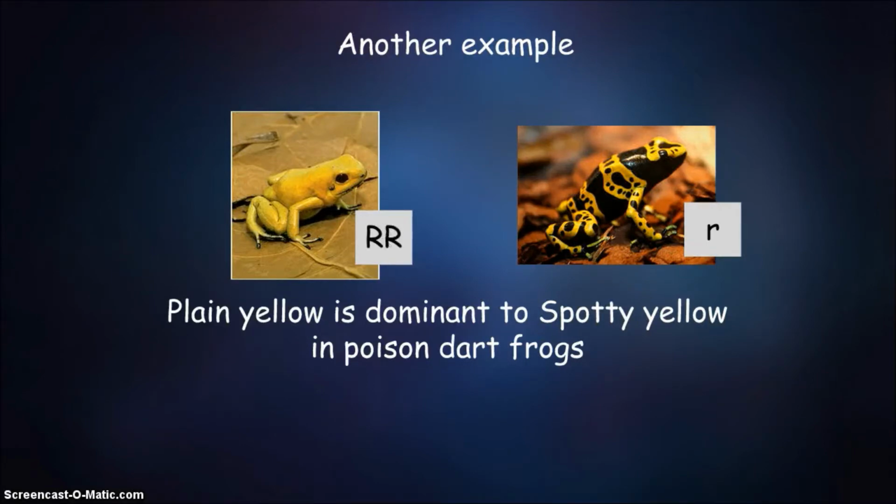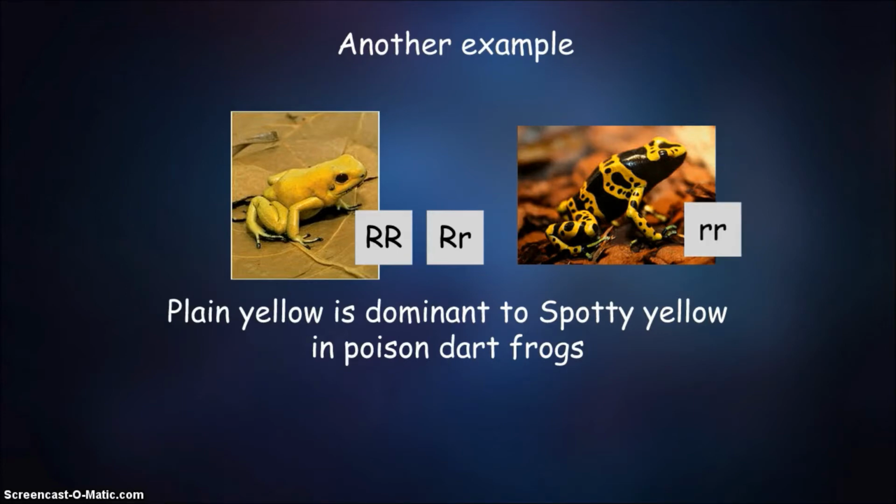But the genetic makeup, as you know, is always two letters. So the plain yellow frog, or dominant colored frog here, is capital R, capital R. It could also be capital R, lowercase r. You now know that that capital letter is the dominant trait, and it can mask the effect of that lowercase r, or that recessive trait. So these are the two possible combinations for our plain yellow frog.